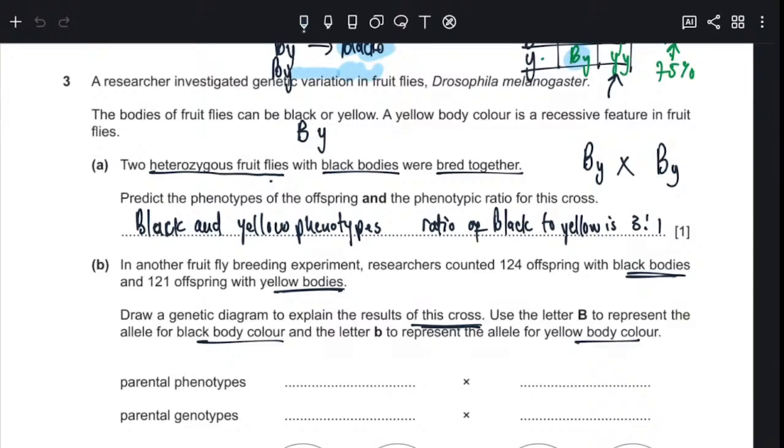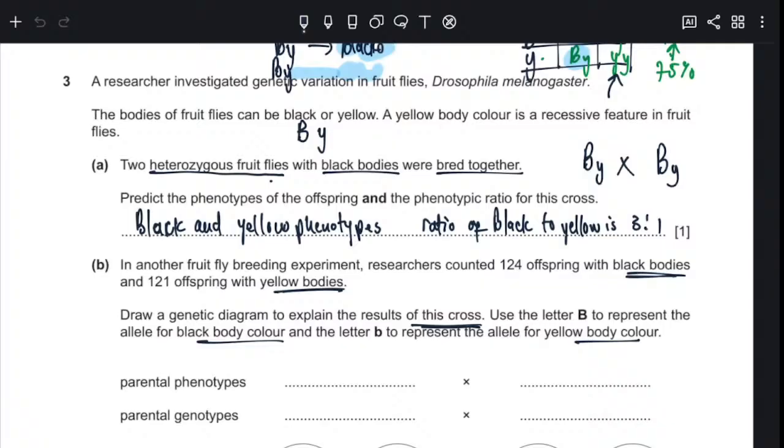And they said 121. Remember, dominant is capital, right? So we have the dominant fruit flies, which had the dominant allele, and they were 124. Then we have 121 offspring with yellow bodies, which means they had no dominant allele in them. They just had the yellow. So which ratio is this? How can we predict the genotypes of the parents and the phenotypes from this information?